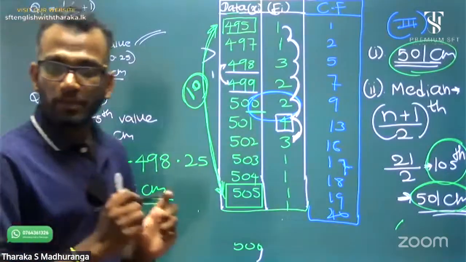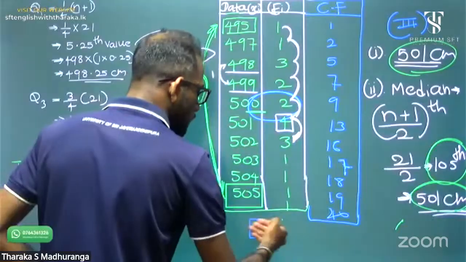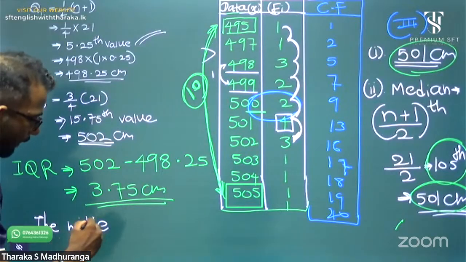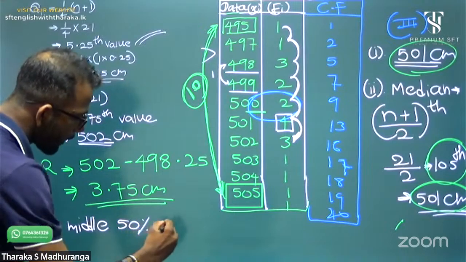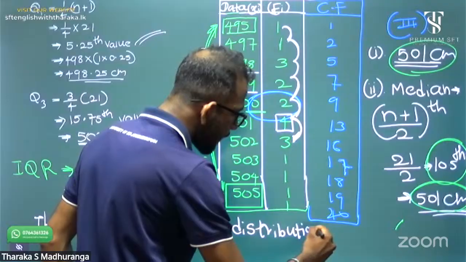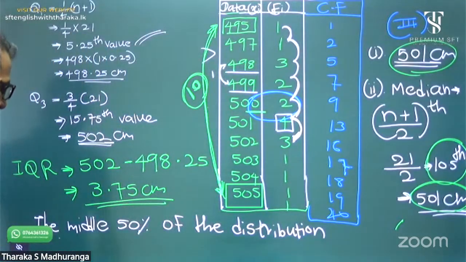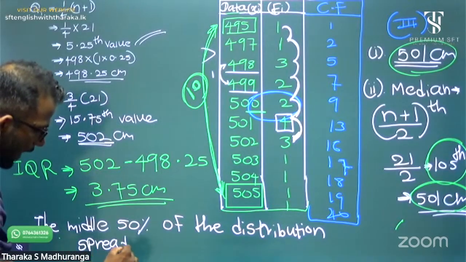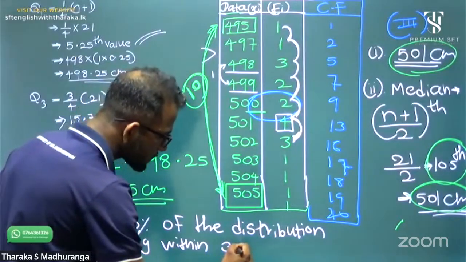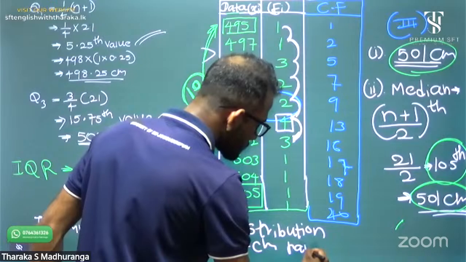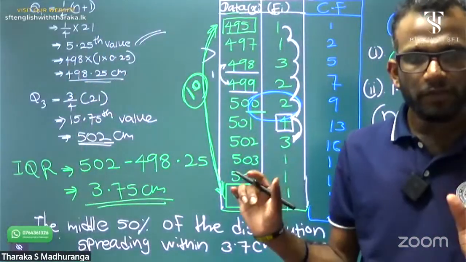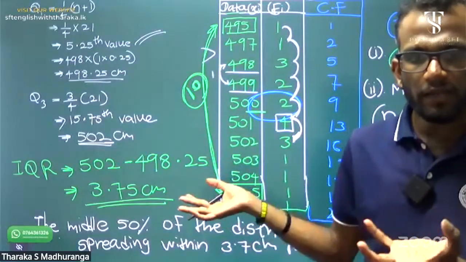Write down clearly: the middle 50% of the distribution spreading within 3.75. That's all. If you write this sentence, you have full marks. The middle 50% of the distribution varies or spreads within 3.75.